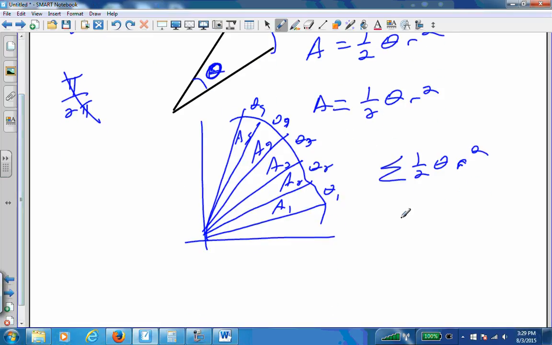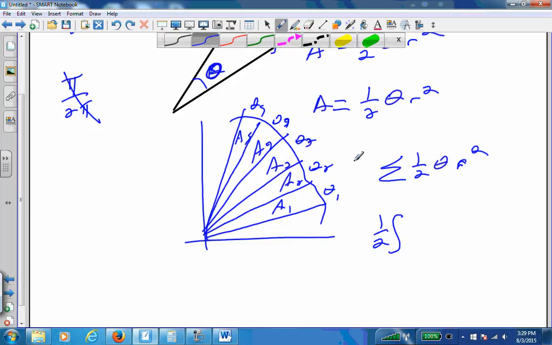And we've seen in the past that becomes an integral where, if we let our change in theta get really, really small, the smaller our angle is, the better approximation that is. If we have a wide angle, then we might get too much area.